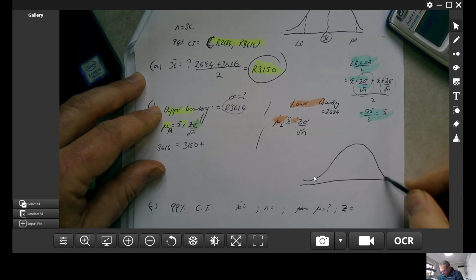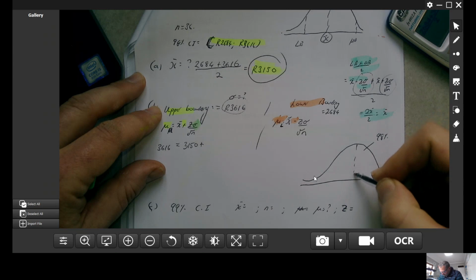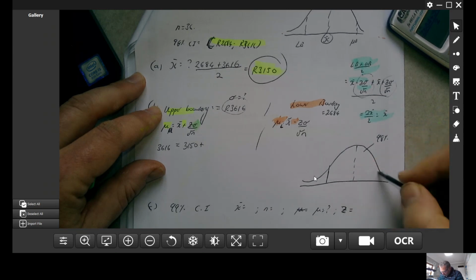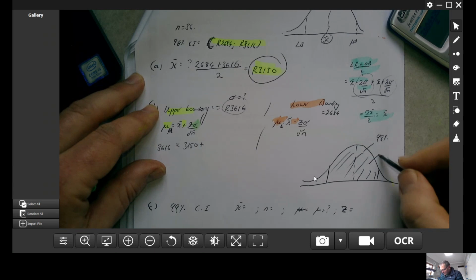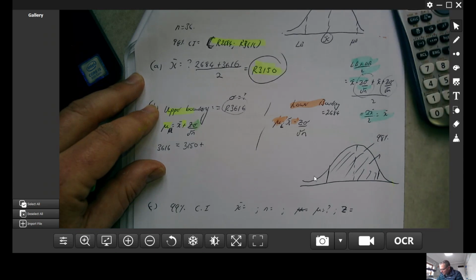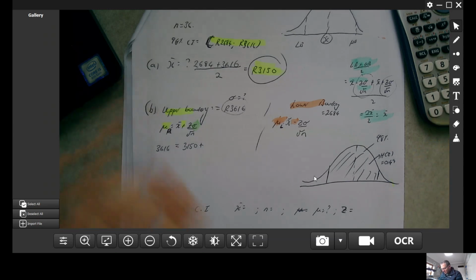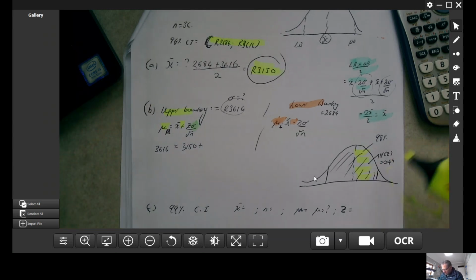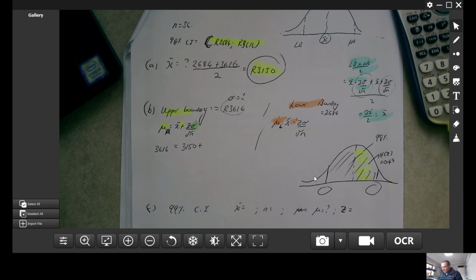So 0.98 is that area over there. Your h of z is going to be 0.98 divided by 2, which is 0.49. So h of z is equal to 0.49. That's going to be that area over there. We need to find the z scores that go with that.